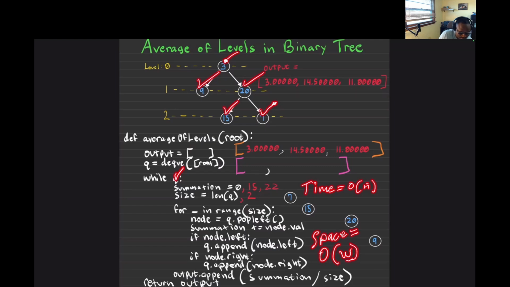I say W because the queue itself will store the number of nodes at each level. That's the width of the tree. So the queue is processing up to W nodes, where W is the size of that level, the width of it. So that is the time and the space.